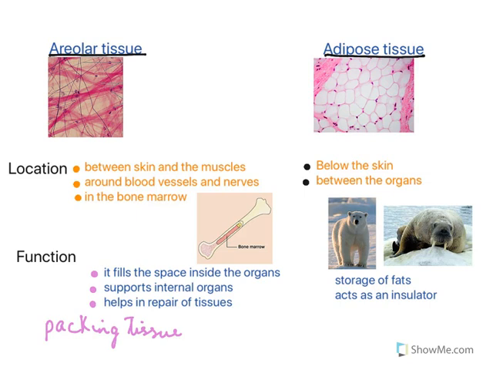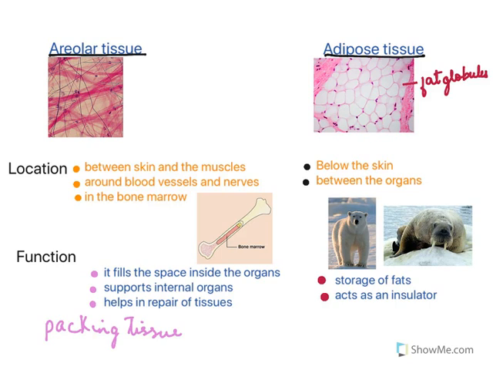Now the adipose tissue, its main function is storage of fats. There are a lot of fat globules present here. Because it helps in the storage of fat, it contains a lot of fat and acts as an insulator.